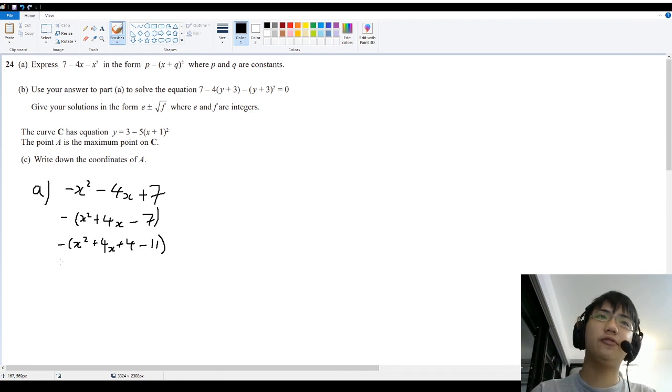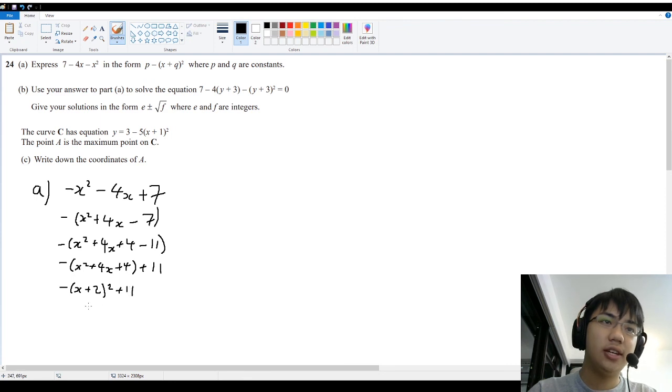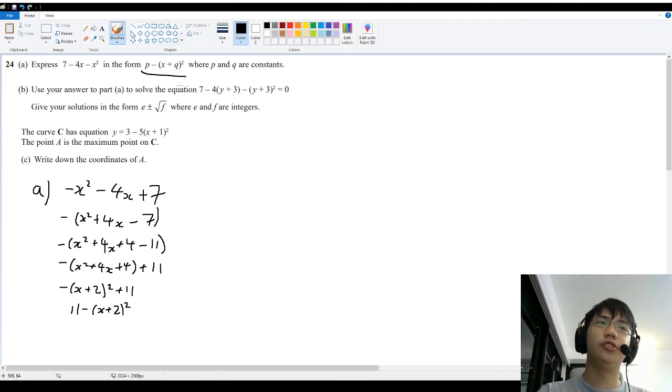And we can factor out the minus by doing minus x squared plus 4x plus 4 plus 11. So negative x plus 2 squared plus 11. And that equals 11 minus x plus 2 squared. So this is the equation in this form over here.